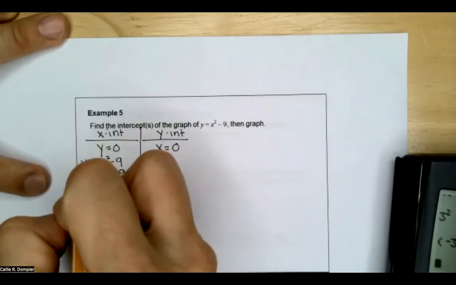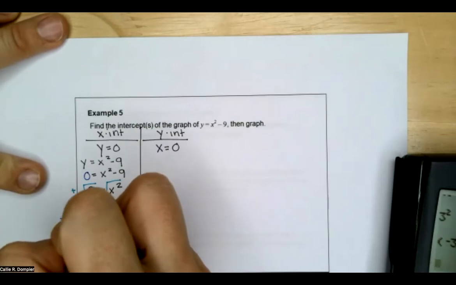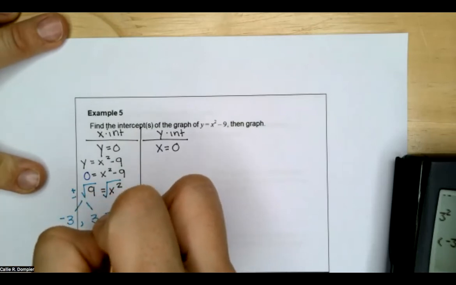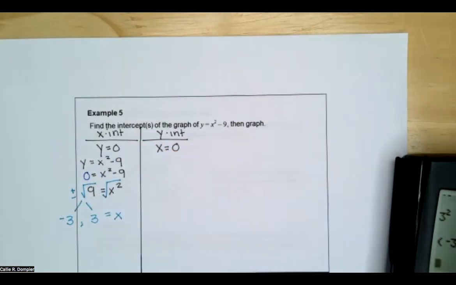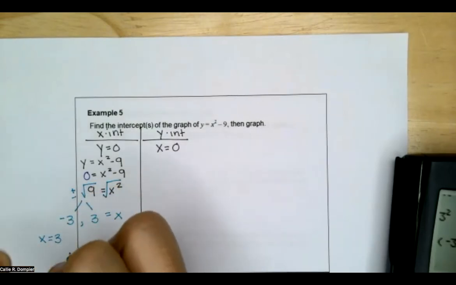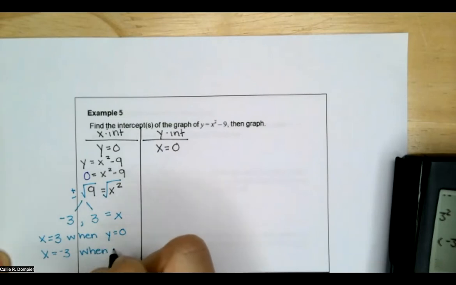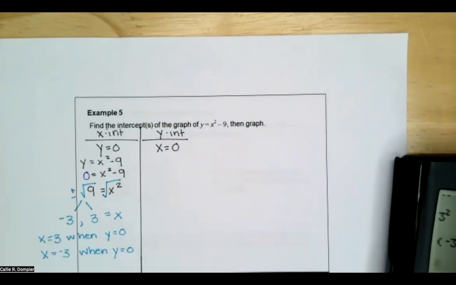Okay, so that becomes, we said it's 9, so it's negative 3 and positive 3. That square root cancels the square. So there are 2 x-intercepts. So x is 3 when y is 0, and x is negative 3 when y is 0.